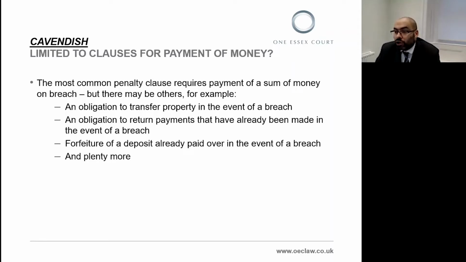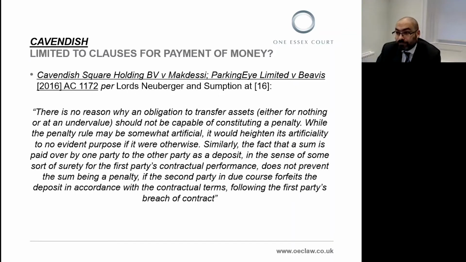For example, an obligation to transfer property in the event of a breach, or an obligation to return payments that have already been received in the event of breach, or forfeiting a deposit already paid over in the event of a breach. So there are various possibilities. And there was an open question prior to Cavendish whether the rule against penalties was capable of applying to these types of clauses, or if it was limited to clauses for the payment of money.